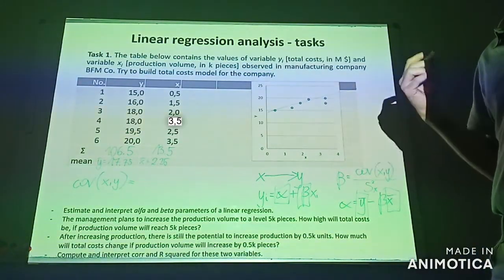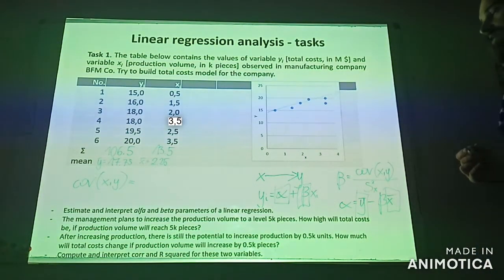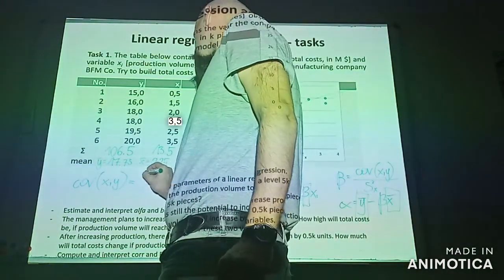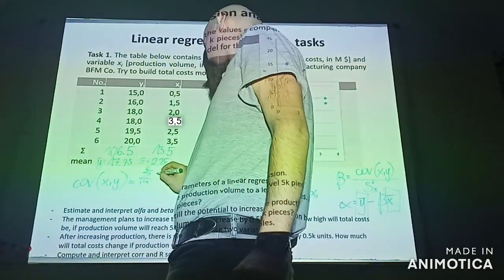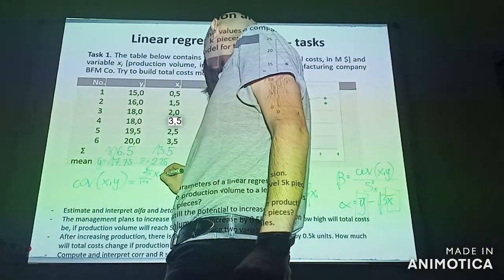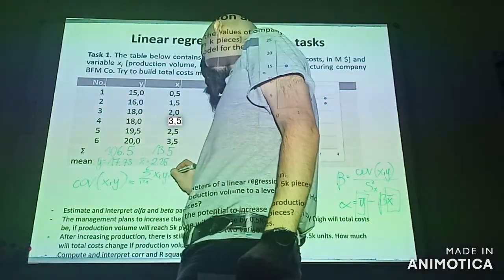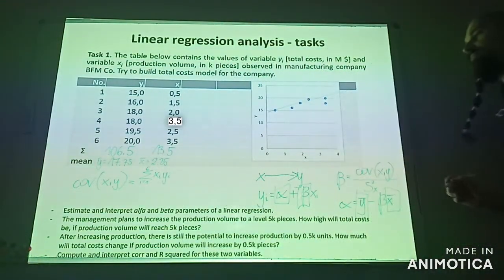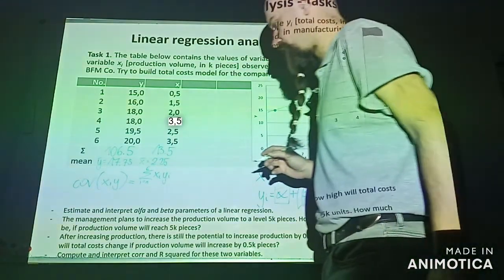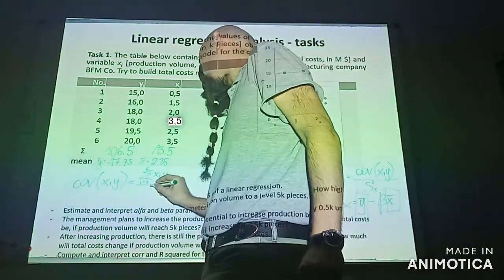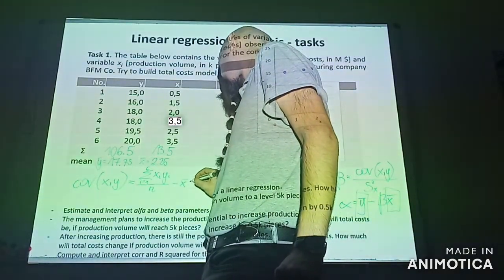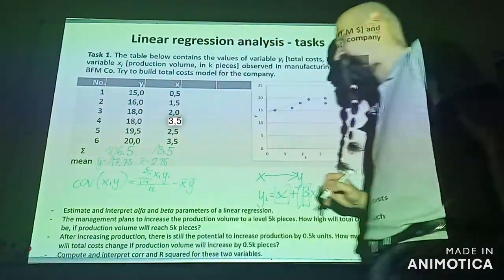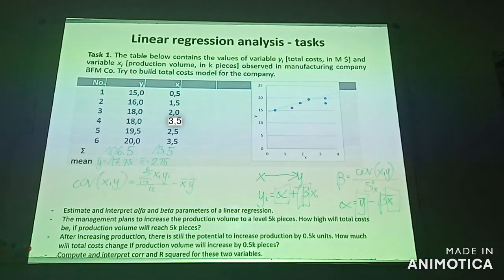We can use a transformed version of our formula, which is the sum from i equal 1 up to 6 of the product xi, yi, yeah? The sum from i equal 1 up to 6 of the products between the values of x and the values of y divided by n minus arithmetic mean of x multiplied by arithmetic mean of y.